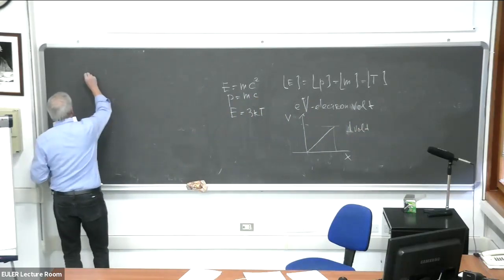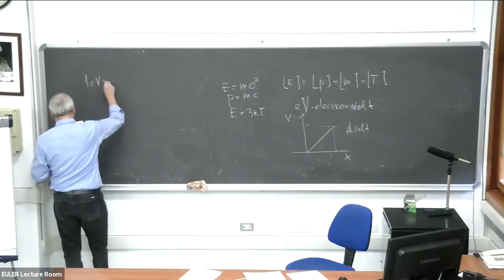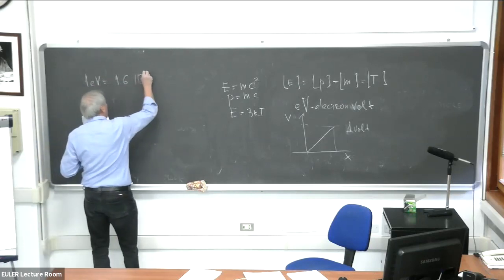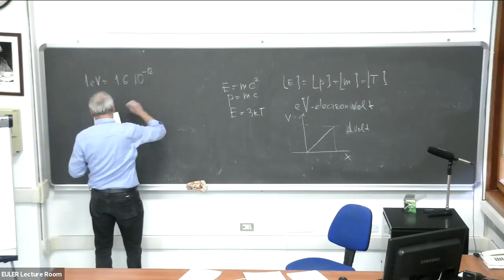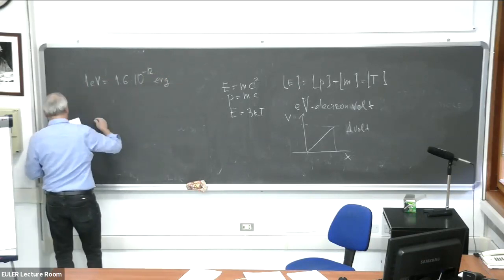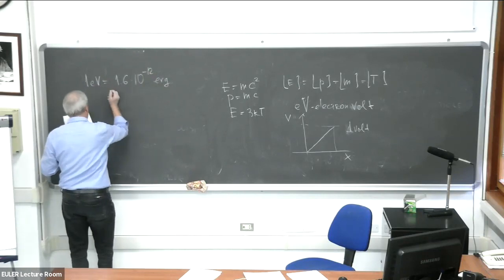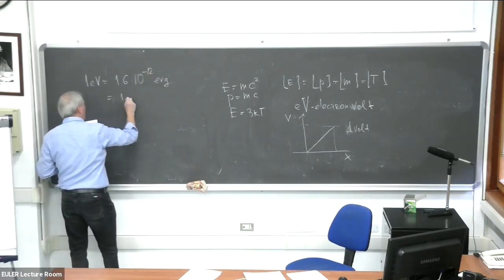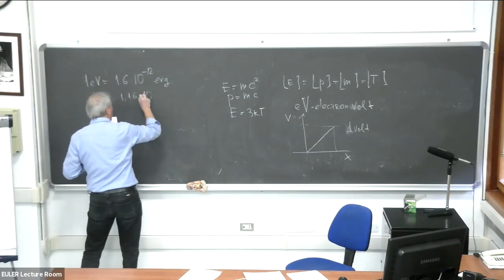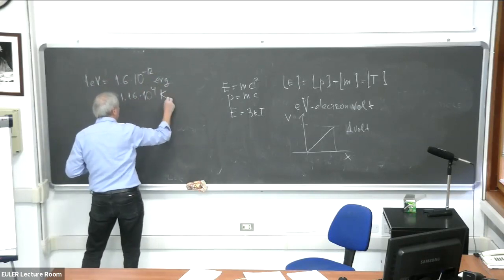And 1 electron volt equals 1.6 times 10 to the minus 12 ergs. And 1 electron volt is 1.16 times 10 to the 4 Kelvin.